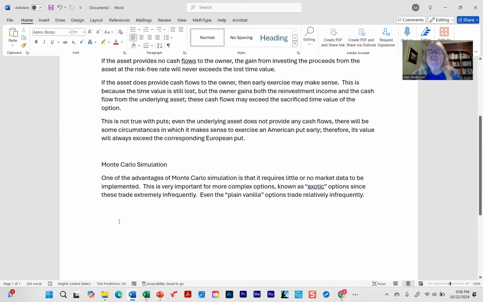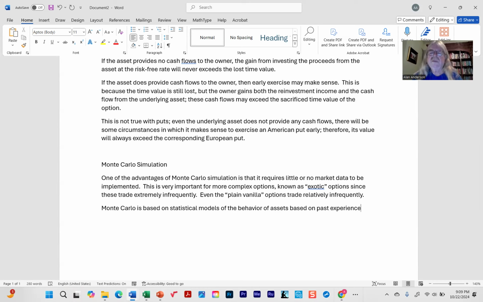And by the way, why can we get away without having any market data? Monte Carlo is based on statistical models of the behavior of assets based on past experience. So essentially what you're saying is we think we know how this asset behaves, and we're going to model it like that.